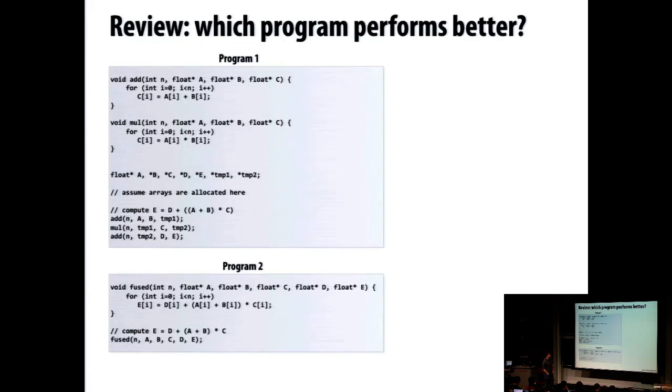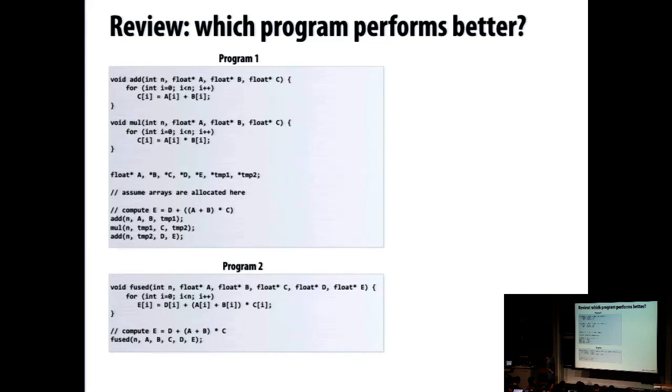And so you can exploit some locality because you're looping sequentially through the arrays, but also you don't have to remove things from the cache on the second run to do the multiplication and addition.